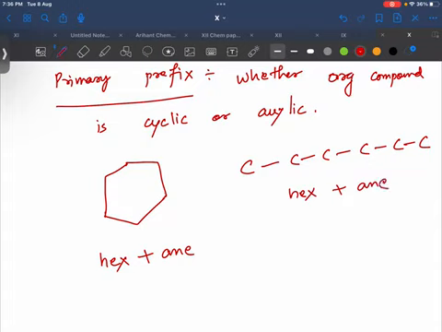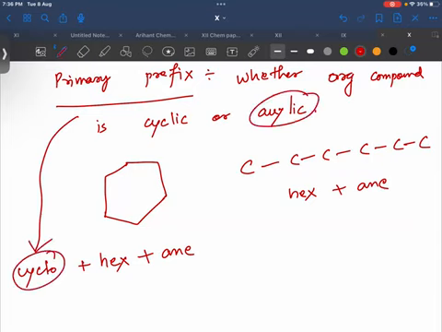ठीक है? अब देखो, since ये cyclic है, इसके आगे cyclo लगा देंगे. The primary prefix we use is cyclo when there is a cyclic compound, and when it is acyclic, we don't use anything. Simple, खत्म कहानी. If it is cyclic, we add the word cyclo. That's it. And if it is acyclic, we don't add anything. That's it. There is no primary prefix.